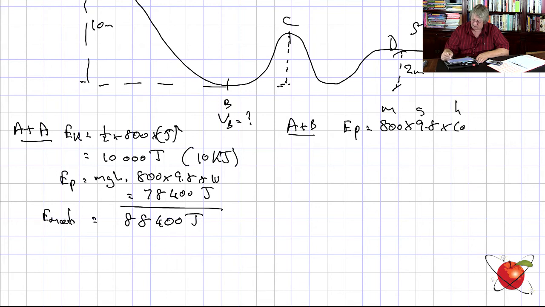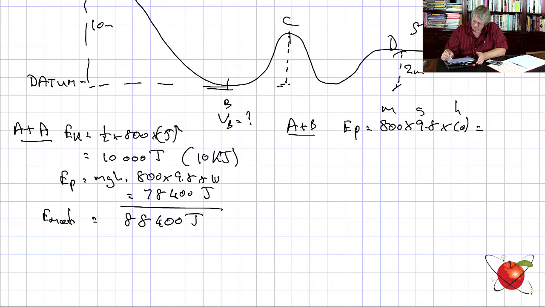But h is 0. Why? It's lost all of that height. It is on the ground. It's just passing by. This is called a datum, or a reference. It's where we start measuring everything from.